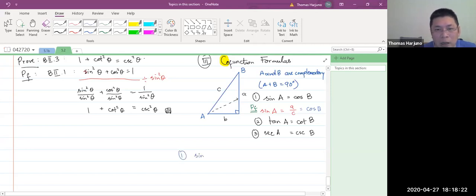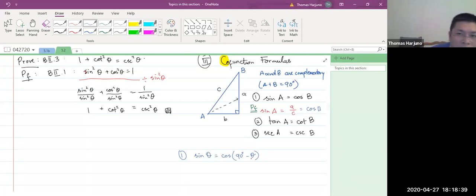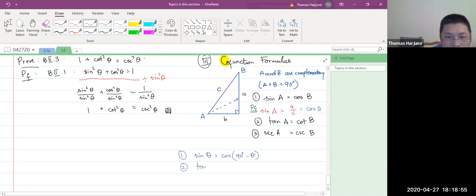Sine theta equals cosine of the complementary angle. As long as these two angles add up to 90 degrees, as long as these two angles are complementary, then they are related by cofunctions. Okay, sine and cosine, tangent and cotangent, secant and cosecant.